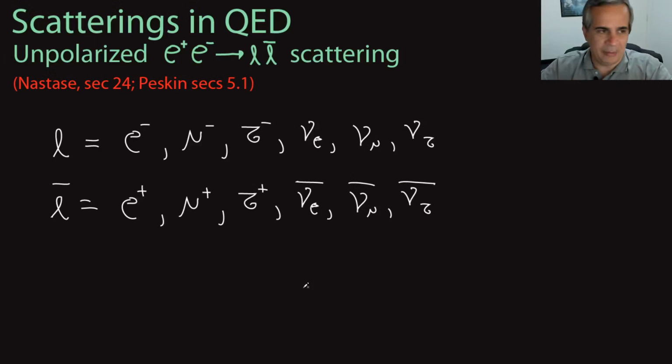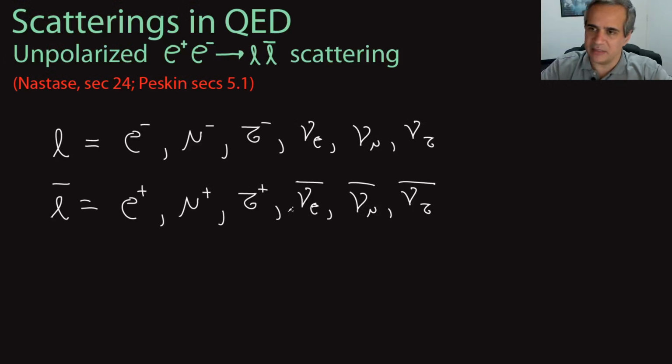And so these are the leptons, and the phenomenon I'm trying to describe here is what happens when I throw an electron against a positron, right? Which is an experiment that was done, in fact. There were some very important electron-positron accelerators that did measure this, right?